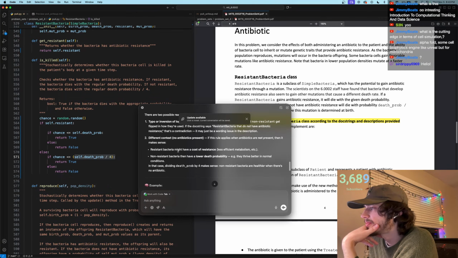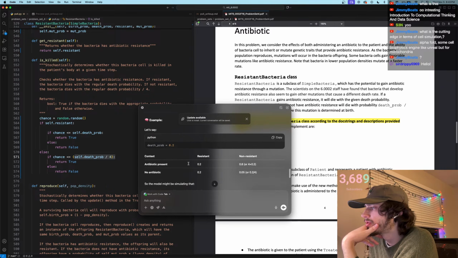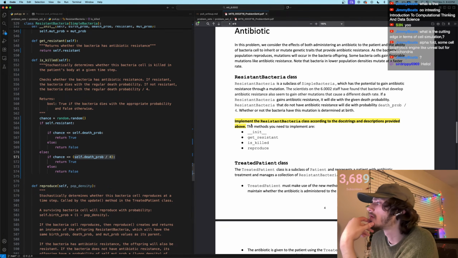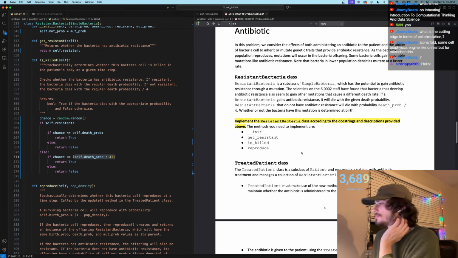Resistant bacteria might have a cost of resistance. What? Why would it do this?